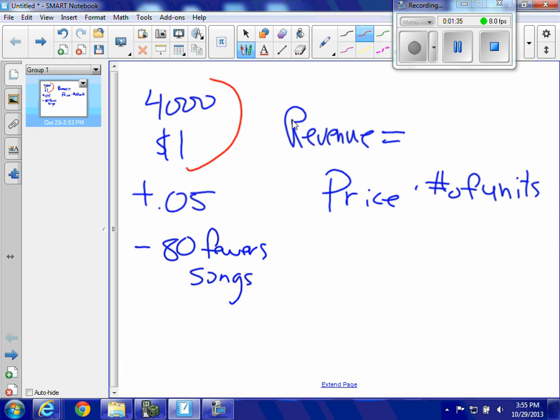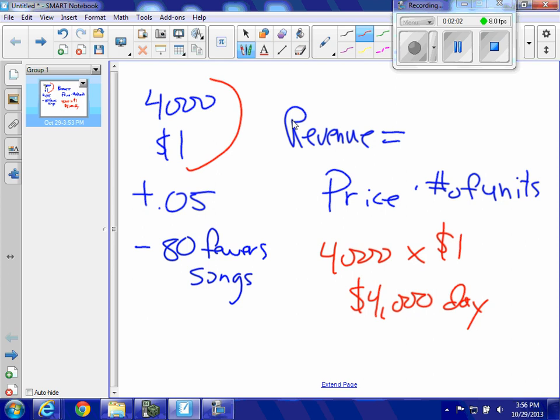So the revenue, the money that they take in, we're not talking about profit because we don't have any cost involved, would be 4,000 songs times $1 per song, so they're making $4,000 per day.